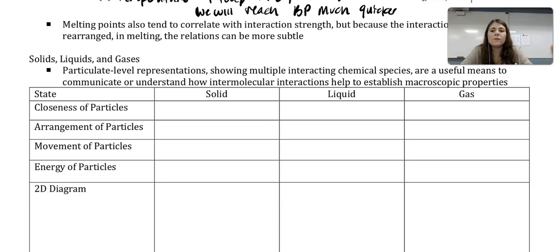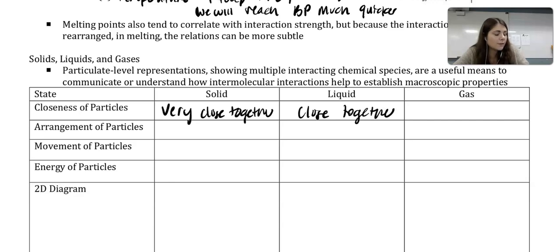Let's talk about the particulate level representations of solids, liquids, and gases. I'm sure we have done this in a chemistry class before taking AP. First, closeness of particles. Solids are very close together, while liquids are just close together, not very close like a solid.